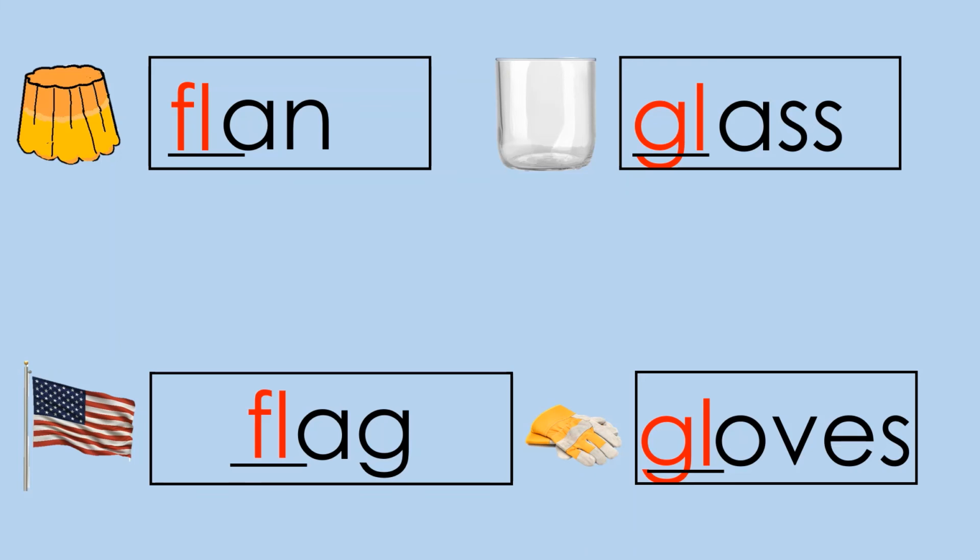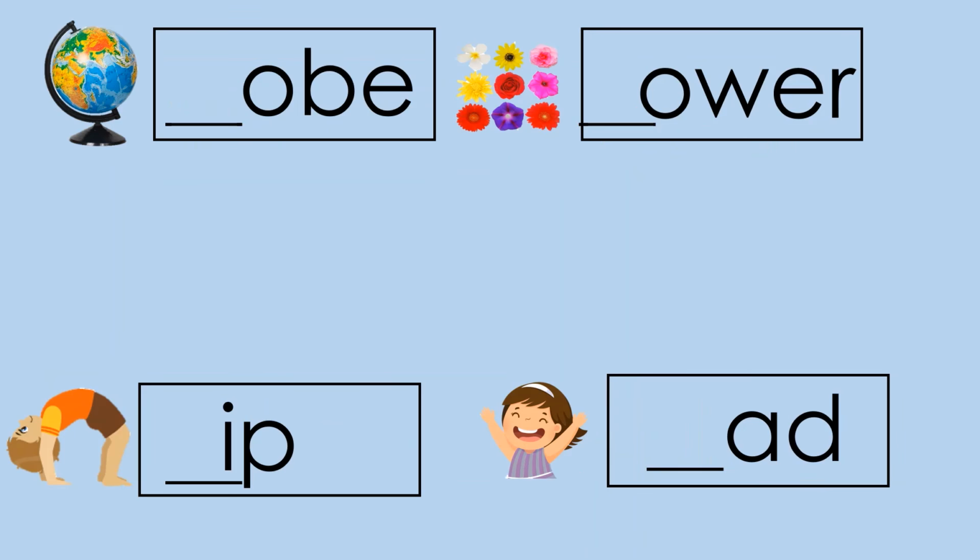Now you are going to get the next same worksheet and we'll work on the next one. Here, what is the first picture? Globe, globe, globe, gl. Flip, flip, flip, fl.